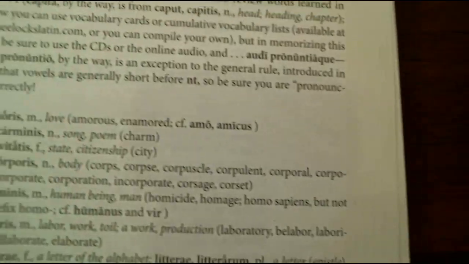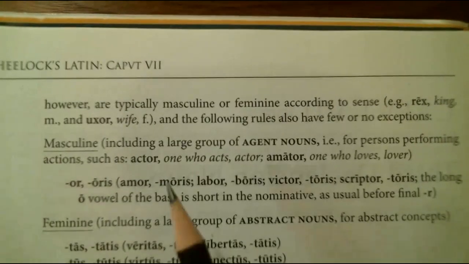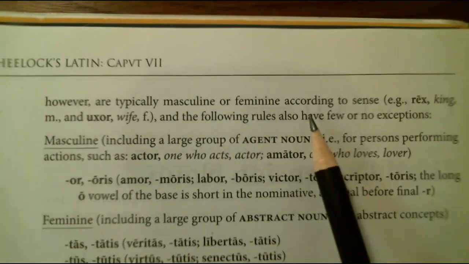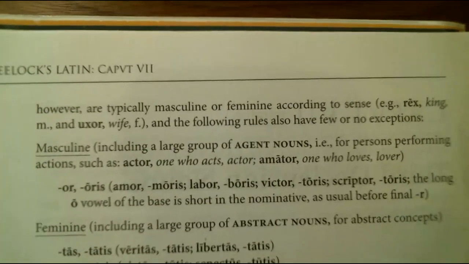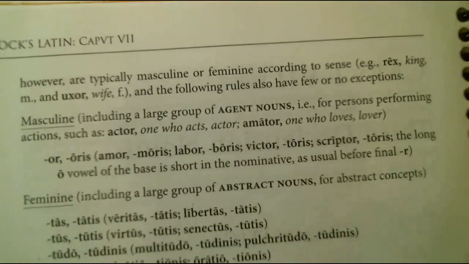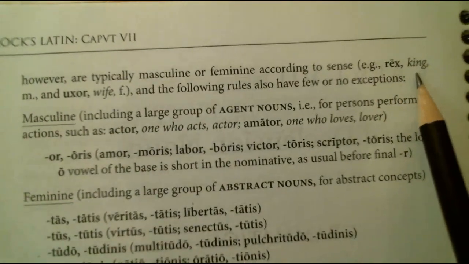Nouns denoting human beings, however, are typically masculine or feminine according to sense. All right, so we're getting a little into the philosophy of language here, which I like. So, for example, rex is king. It's masculine.